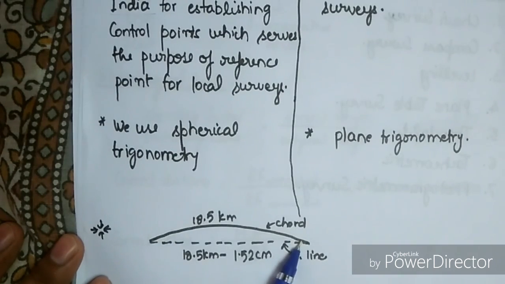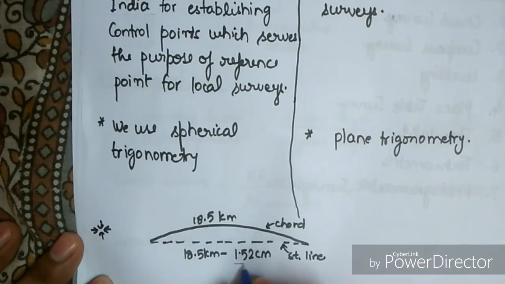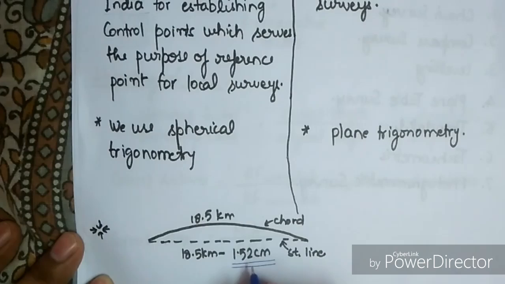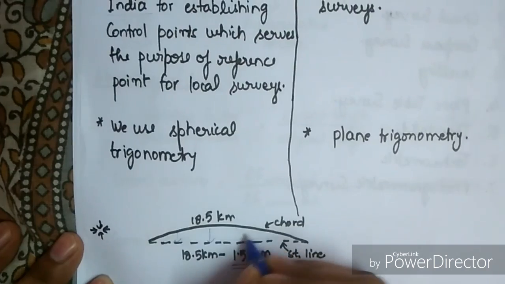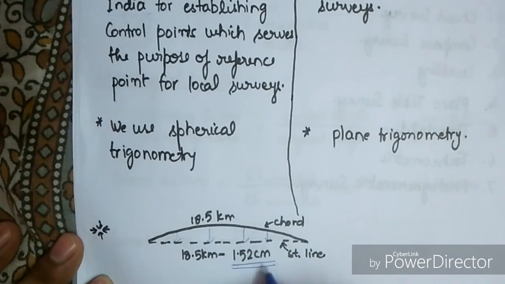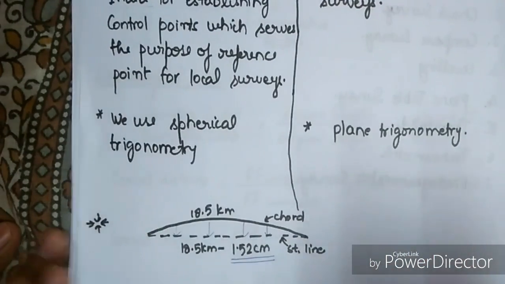This curved length when represented as horizontal length, that is a projection, then this 18.5 kilometer minus 1.52 centimeter only. So this 1.52 centimeter is the deduction in the length due to the curvature's projection. Okay, so this length is very small compared to the 18.5 kilometer. That is why we can take plane survey in our calculations.